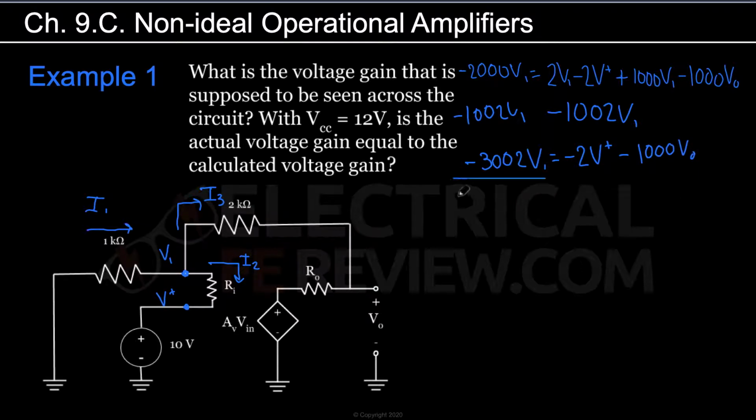And we're going to divide by negative 3002 on both sides.